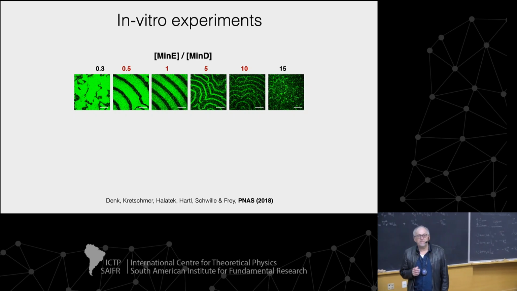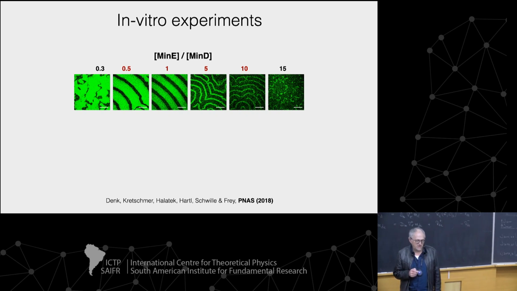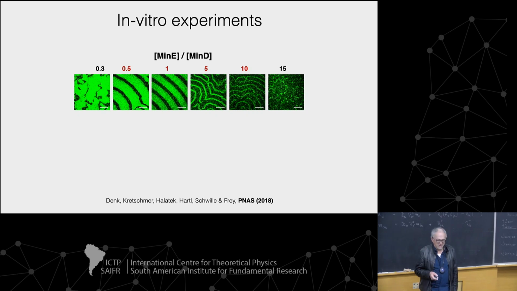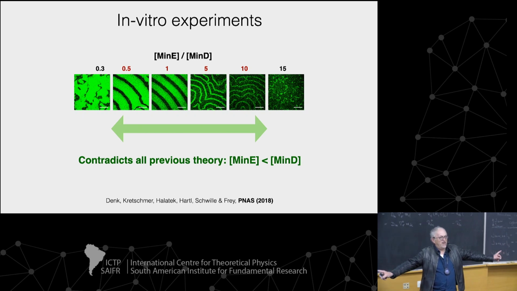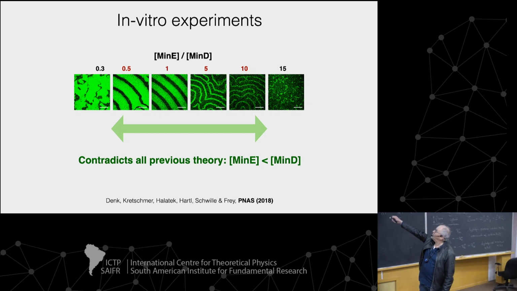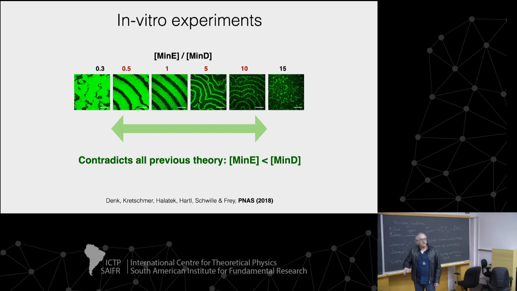We wanted them to check this prediction of the theory that the MinE concentration has to be less than the MinD concentration to see pattern formation. And if you look at this, this is bad. It means you have pattern formation over a huge range of parameters, right? Not just for concentrations where MinE is less than MinD, but also in the other regime up to 10. So this contradicts all theory.